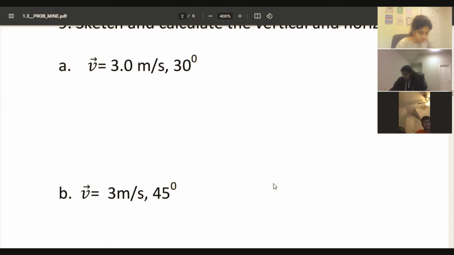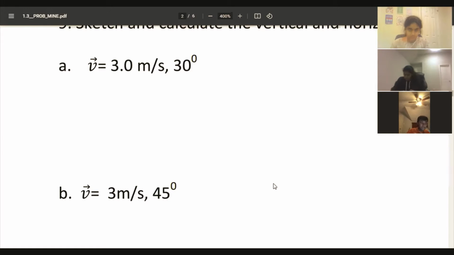And that means you would have to do the vector times cosine theta, and then also the vector times sine of theta.